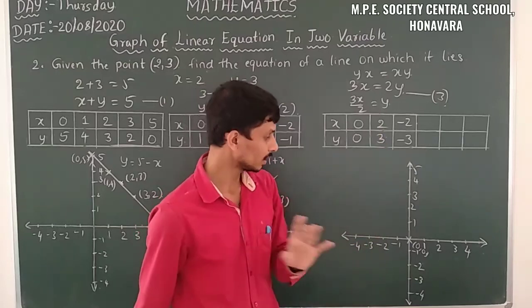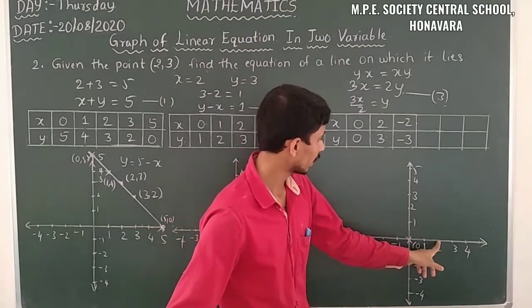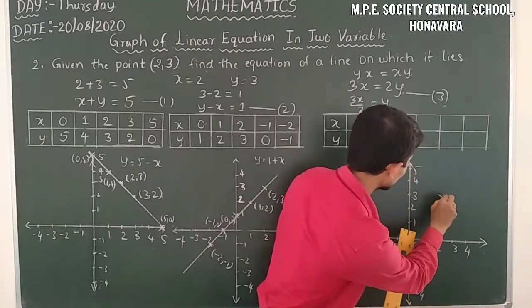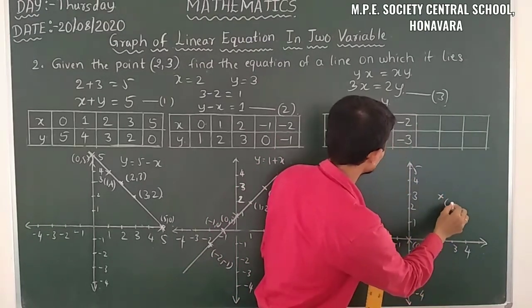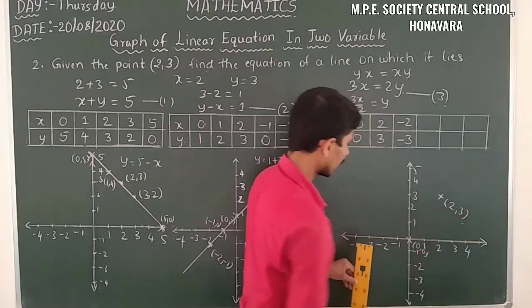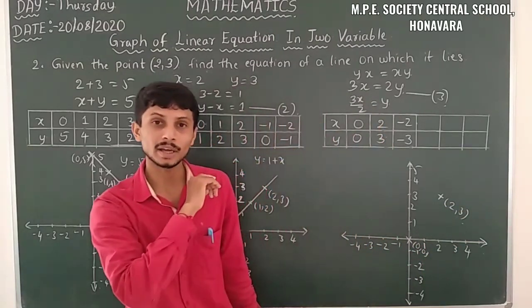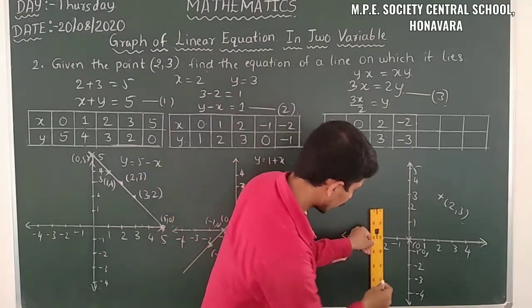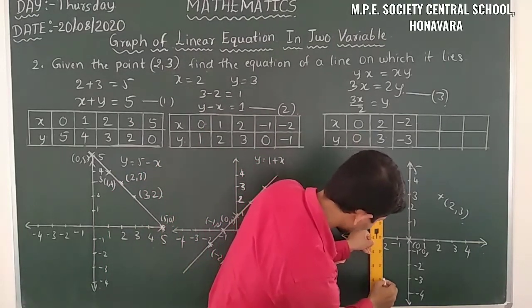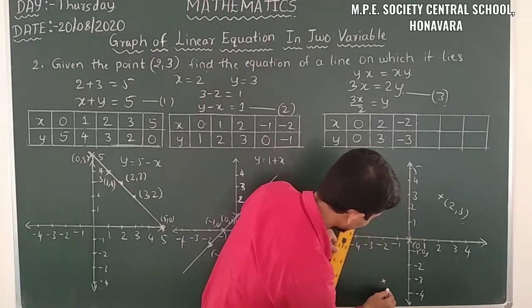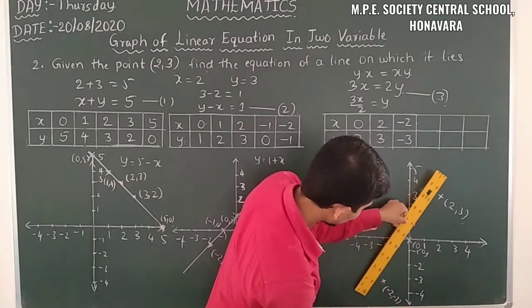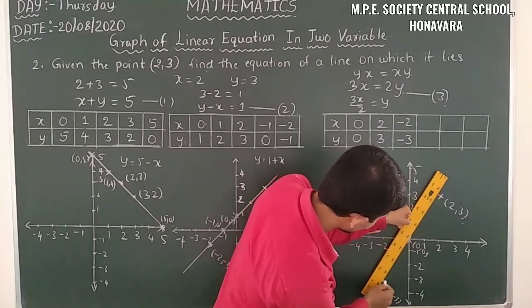Then 2, 3. Here it is 2 and here it is 3. You have to mark here only. Then here minus 2, minus 3. That means x coordinate of minus 2 and y coordinate of minus 3 here. After that you have to mention the coordinate minus 2, minus 3 here. After that you have to join the points.